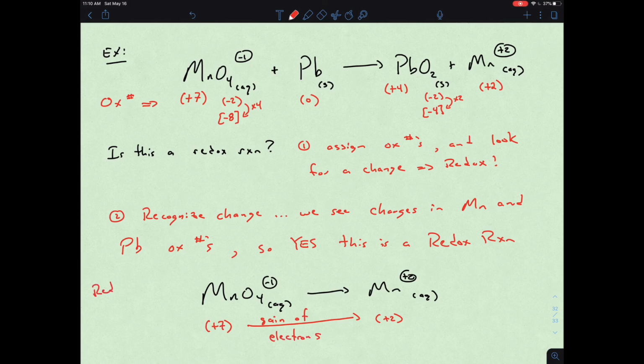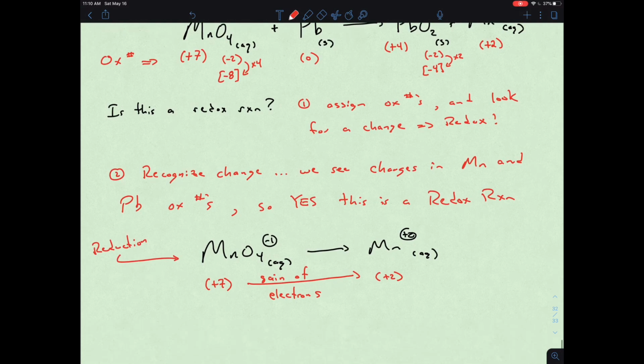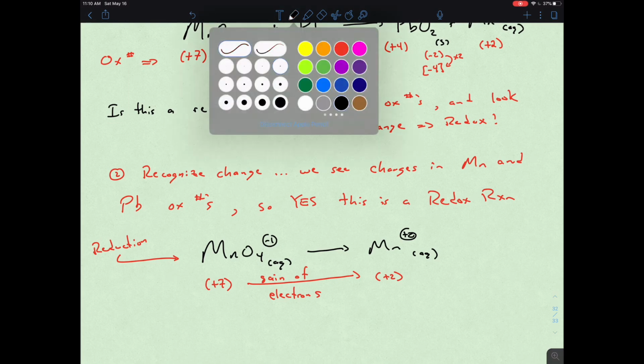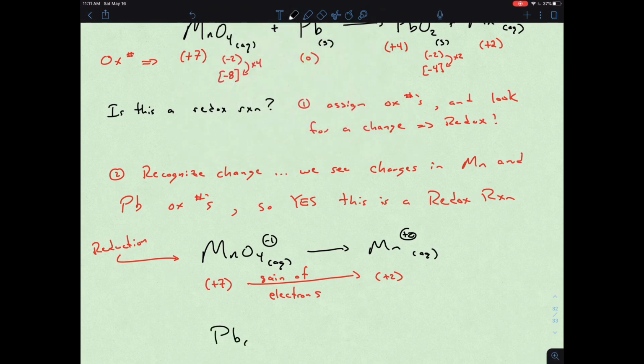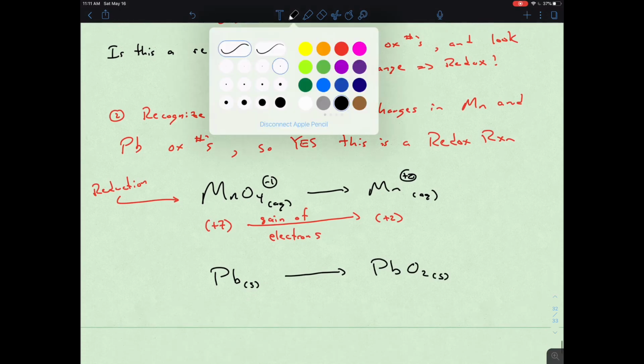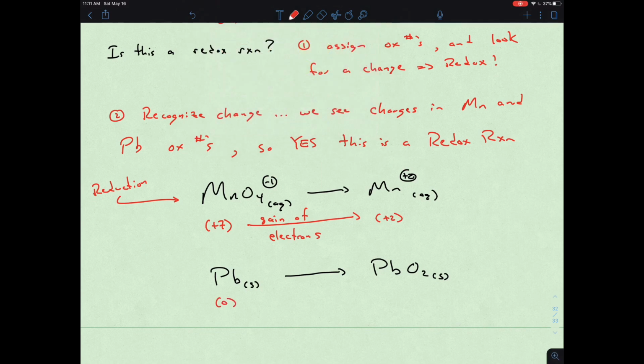So that's our reduction. And then the other player, the lead, going to lead oxide, we're going from this 0 state to a +4 state, and that is a loss of electrons, and that is our oxidation.